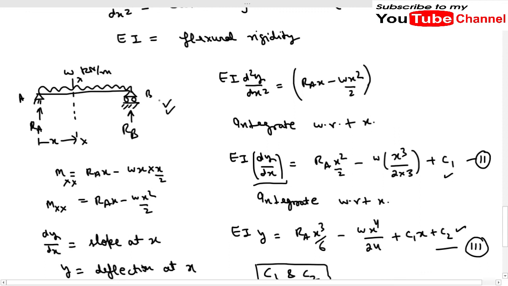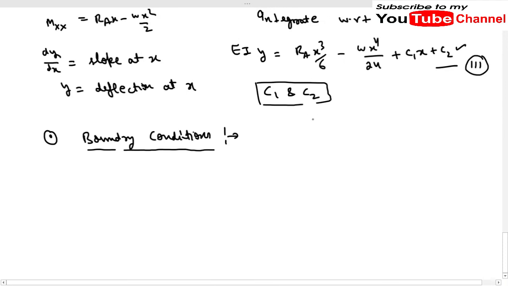So at a support we don't have any deflection. So the deflection YB is 0, and YA, the deflection at support A, is also 0. So we know that at A deflection is 0 and at B deflection is also 0. We can use these two conditions for finding the constants c1 and c2, because there are two constants and two conditions.